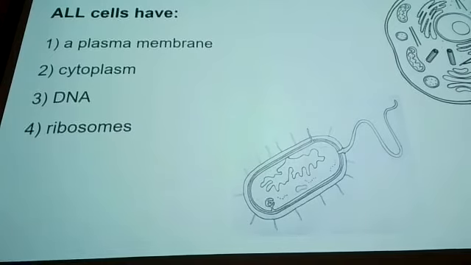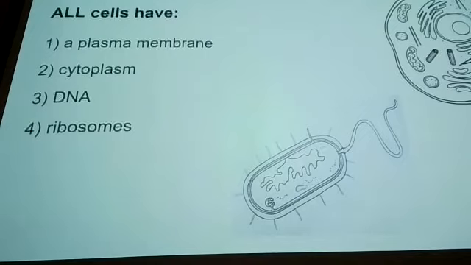This is the goo that all the DNA and the organelles, the proteins and the solutes and all the stuff we've been talking about is floating around in. We've got to have DNA. If you don't have DNA, you're not alive. And then you also have to have this organelle called ribosomes.